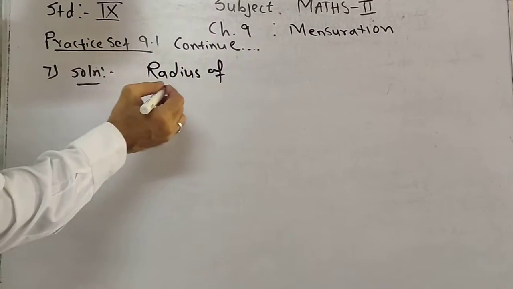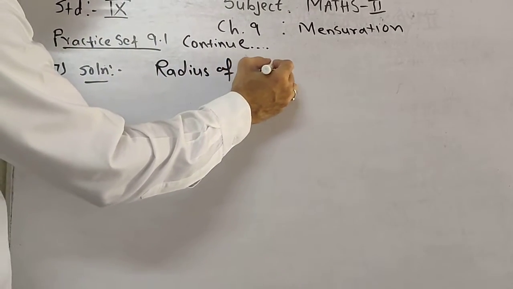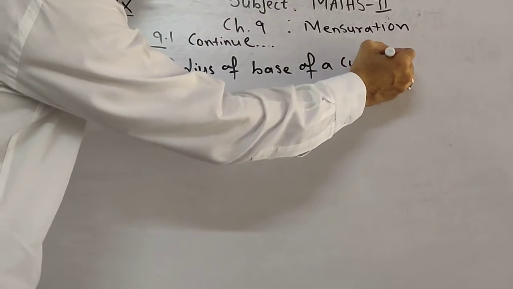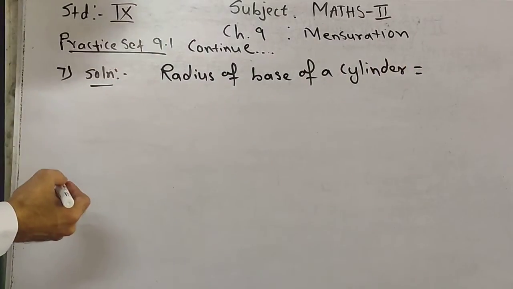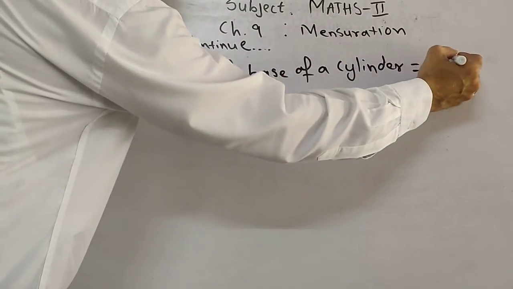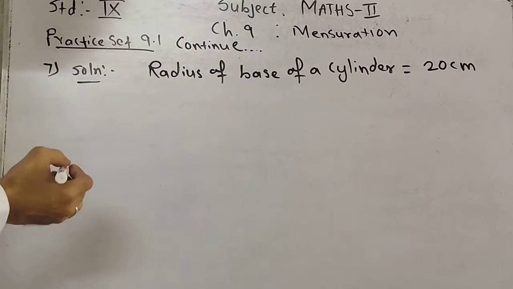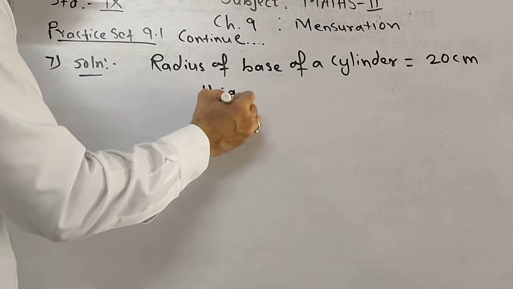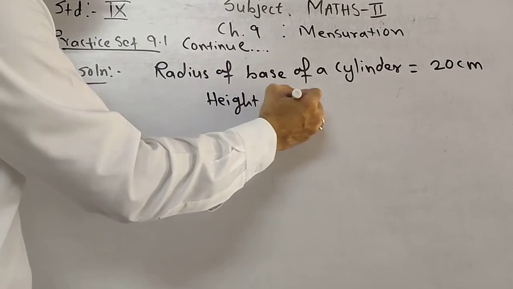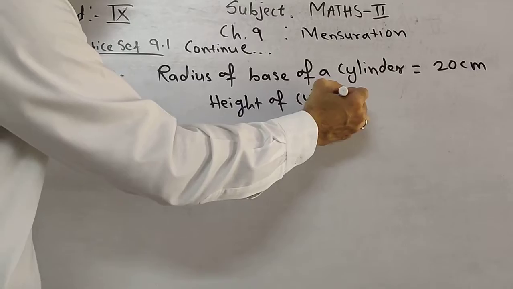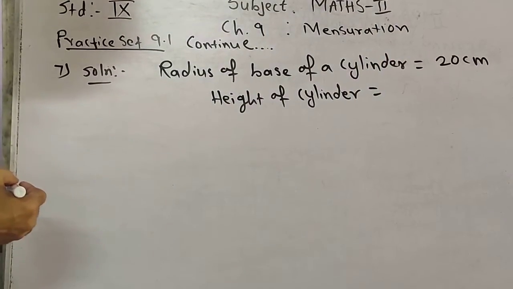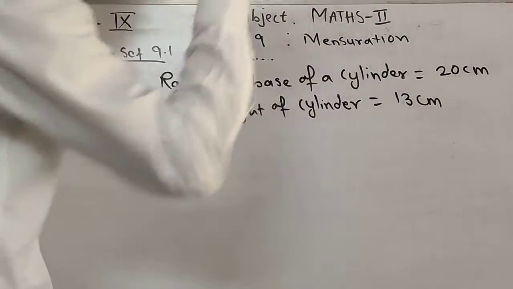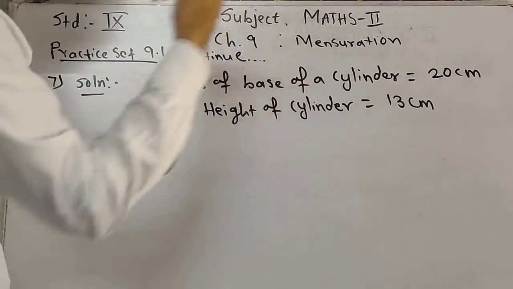So I am writing here: radius of the base of a cylinder is 20 centimeter.